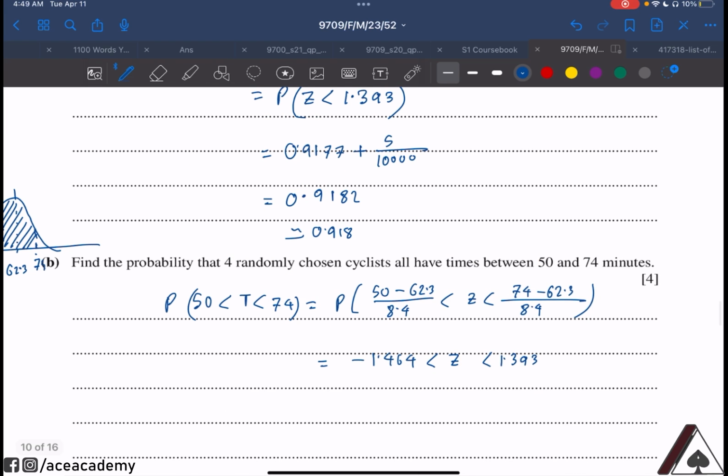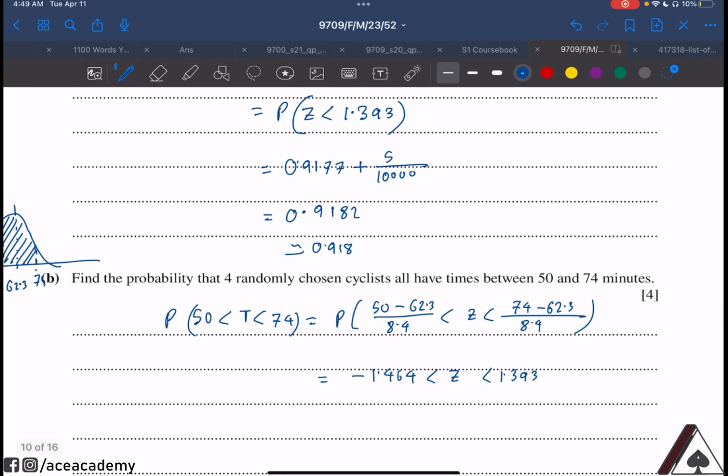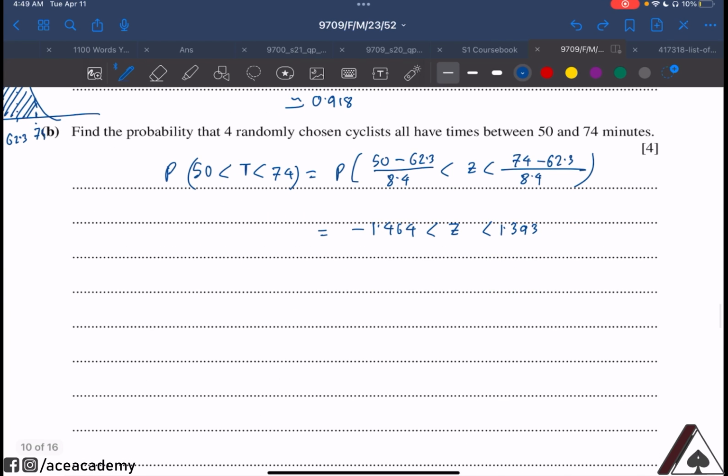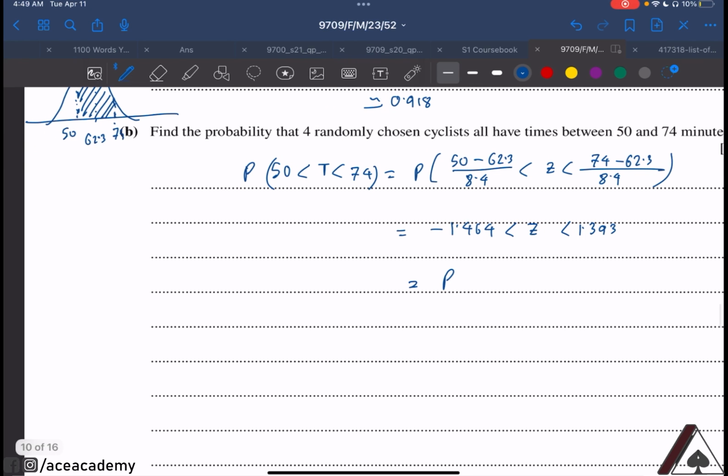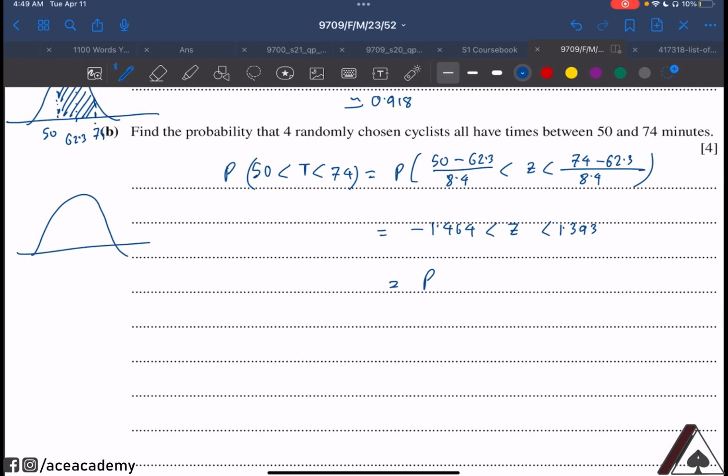We have already established that probability of z less than 1.393 is 0.918. Okay, and we cannot find the value of negative z values. So to find the value of negative z, what we do is convert it to a positive z and change the sign, so that this value is equal to 1 minus this value.